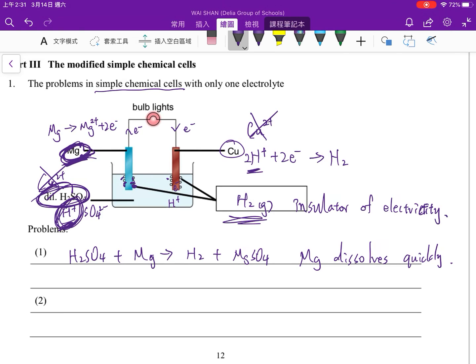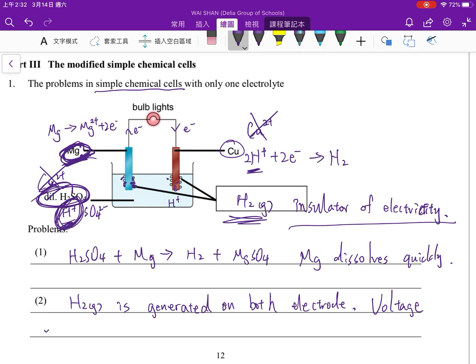So what's the problem? The second problem is that hydrogen gas is produced on both electrodes, and the gas is an insulator of electricity, so the voltage will be low.